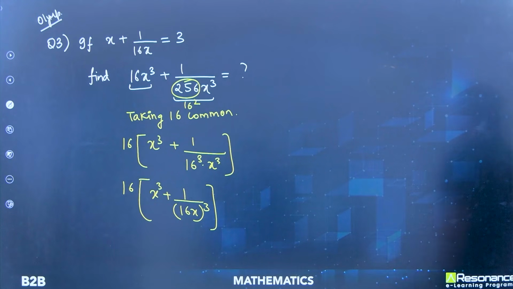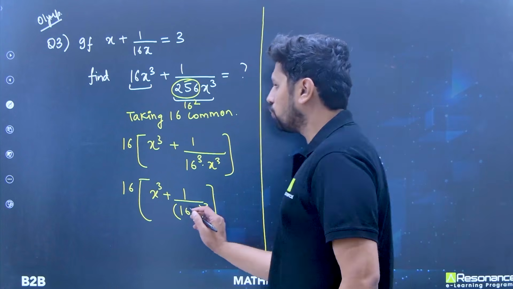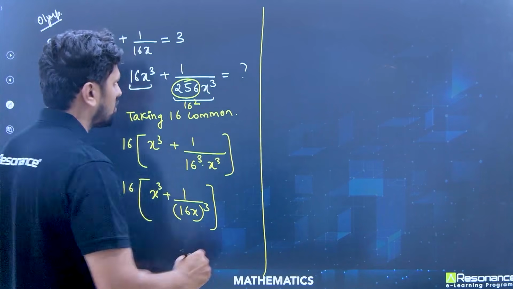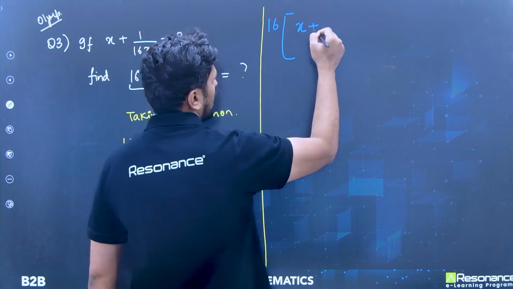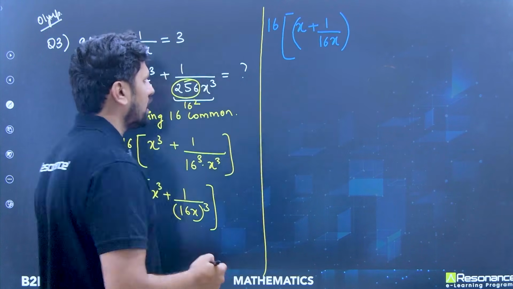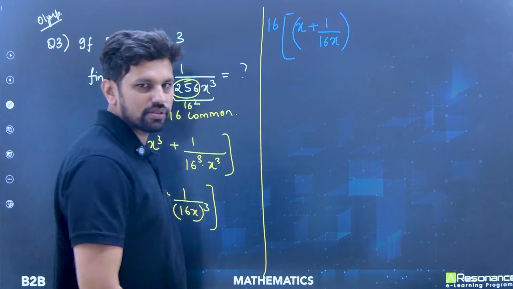423, 768, different answers we are getting right now. Okay, so let's apply the formula of a cube plus b cube. We all know what a cube plus b cube is. So it will be 16 times (a plus b), correct? Which is already given in the question.